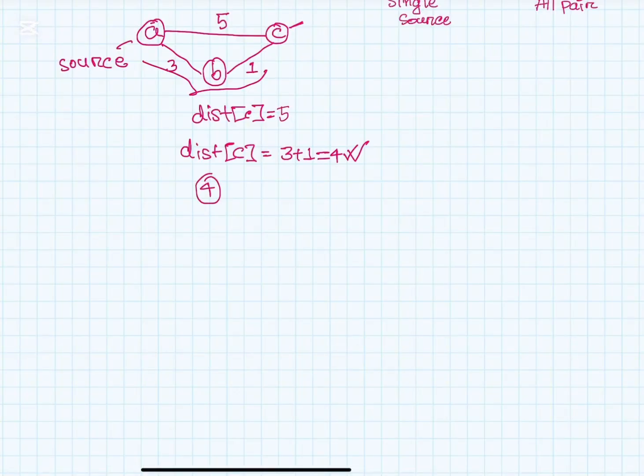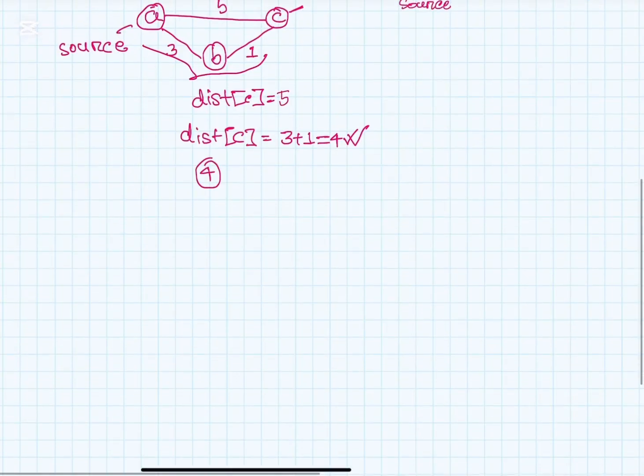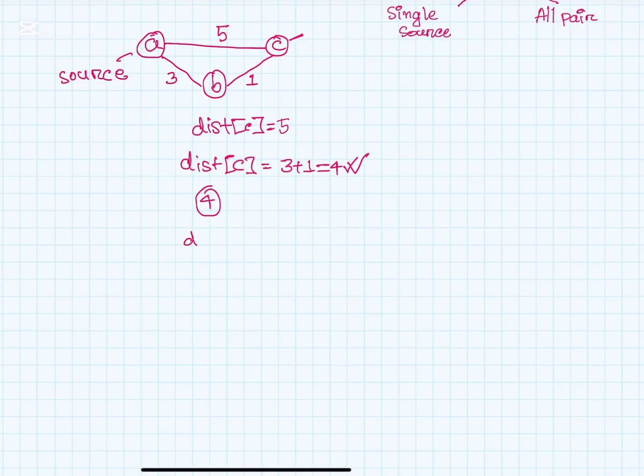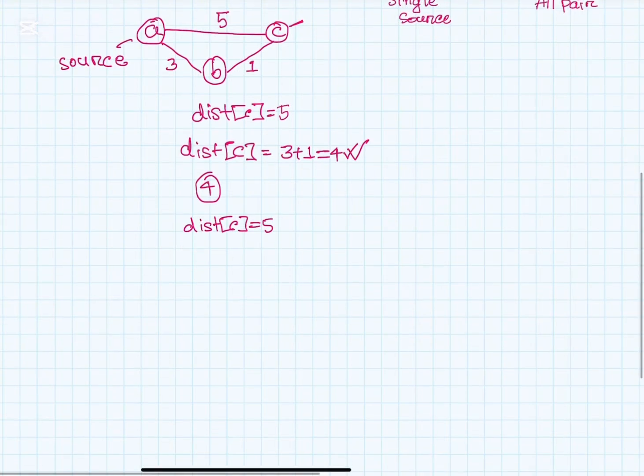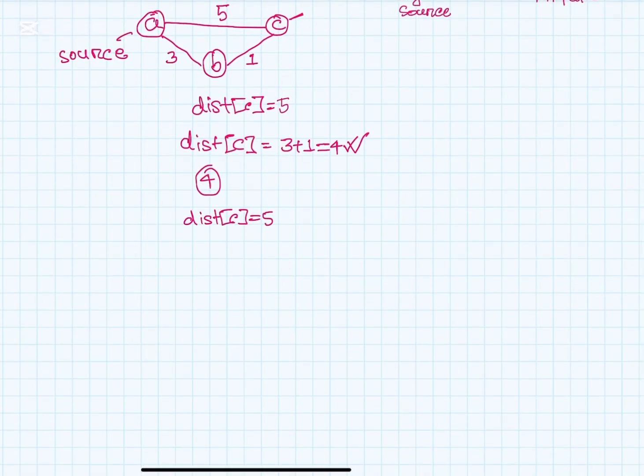So let's write down the logic behind this. At first, the direct distance of C was 5. But then we calculated the B via route.